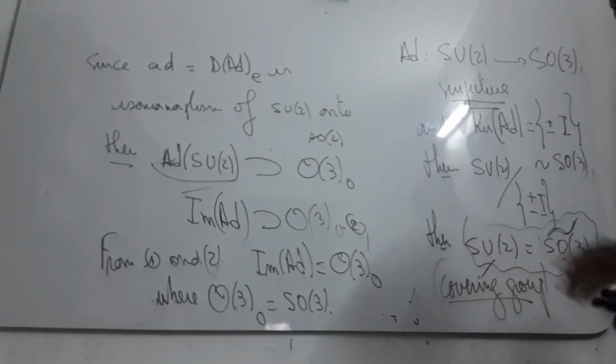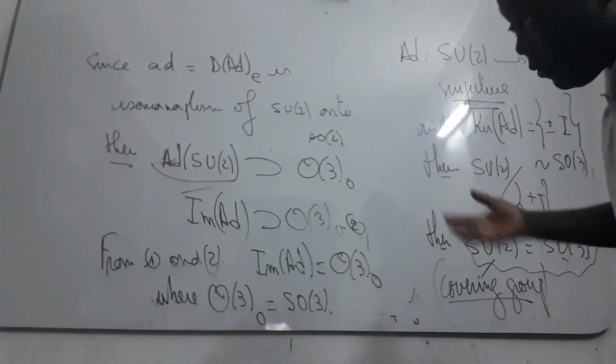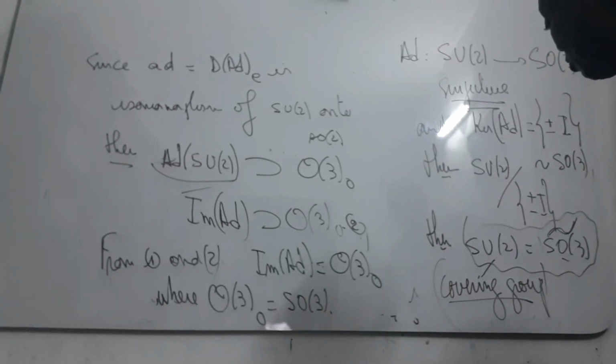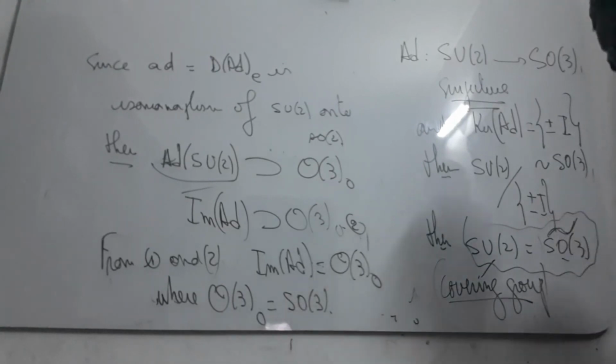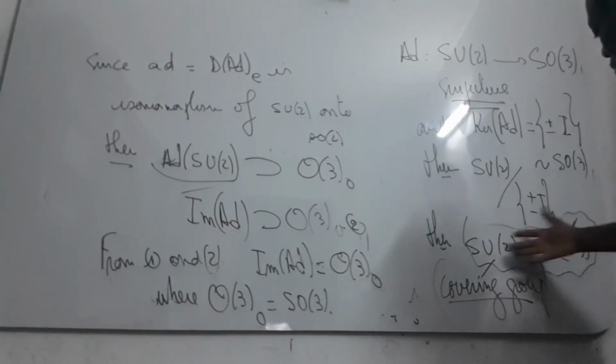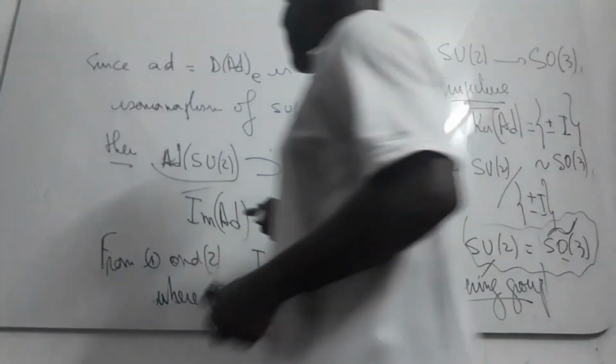Also in this remark, we first compute the adjoint representation of the Lie algebra of SU2. If you have this covering, the two groups have the same Lie algebra.